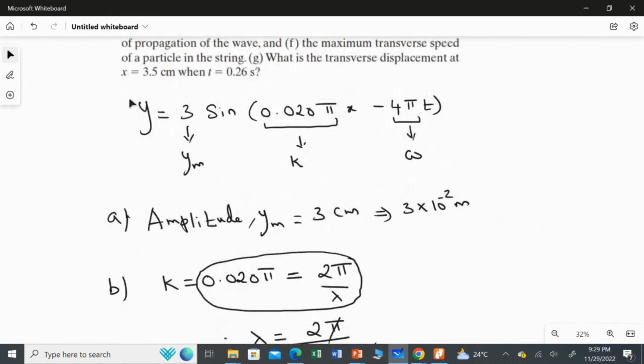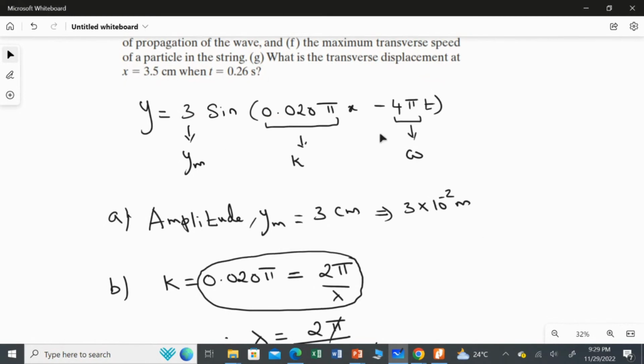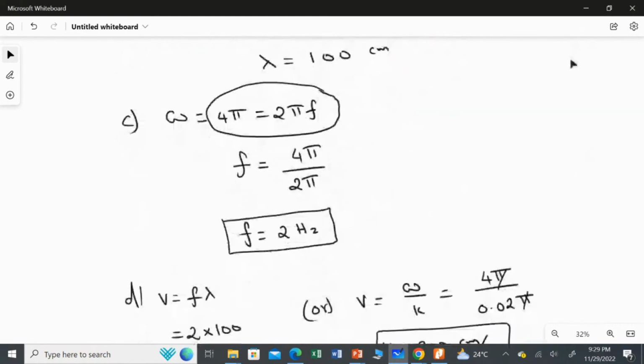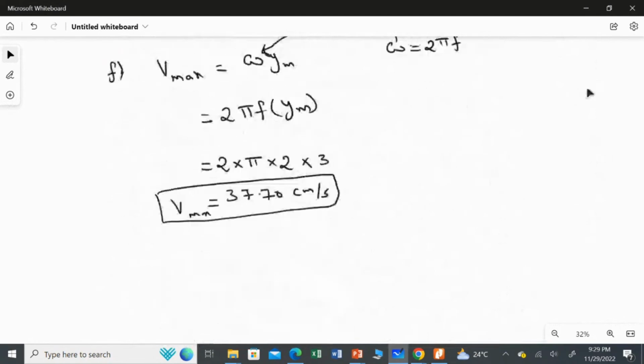We have the x value as well as the time: x is 3.5 and t is 0.26. So I have to take the equation, 3 sine 0.02 pi x minus 4 pi t, for getting the answer for the seventh question, which is part g.